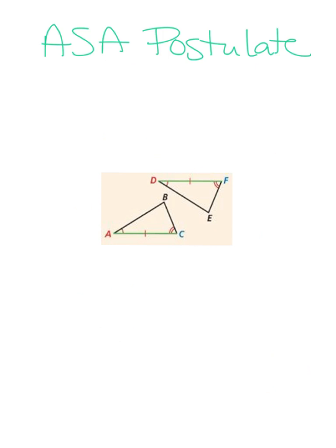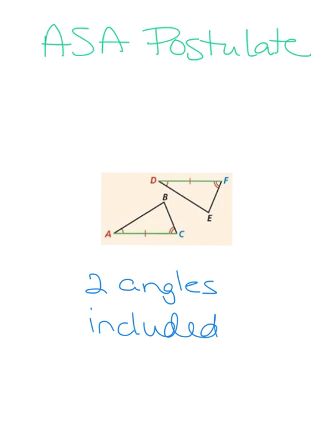Our next postulate is called angle, side, angle, ASA. So similar to what we did in the last example, if I have 2 angles from one triangle that are congruent to 2 angles of another triangle, and the included sides are also congruent, then I can say that the triangles are congruent.